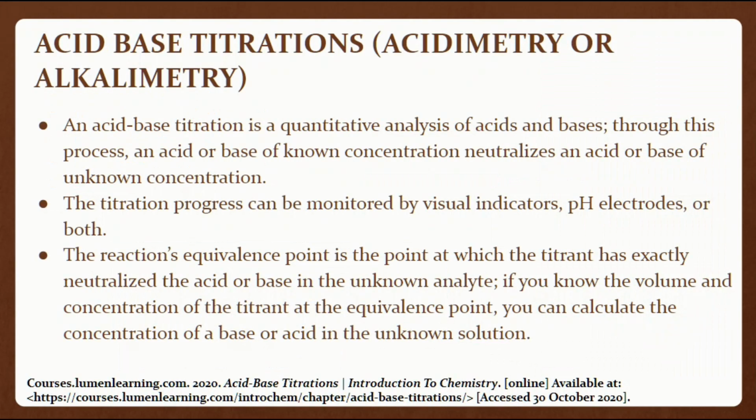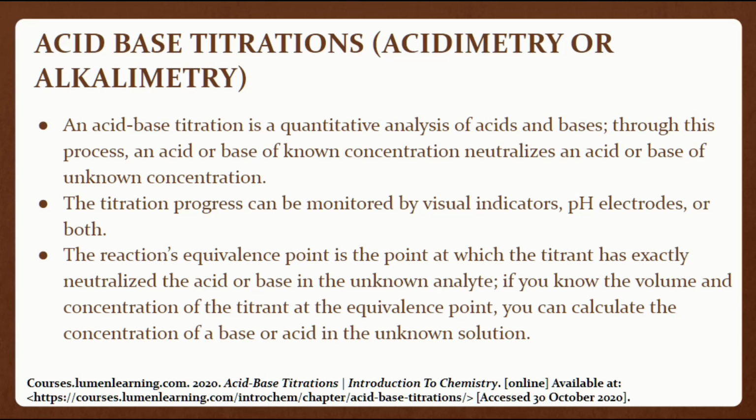Acid-base titrations, acidimetry or alkalimetry. An acid-base titration is a quantitative analysis of acids and bases. Through this process, an acid or base of known concentration neutralizes an acid or base of unknown concentration. The titration progress can be monitored by visual indicators, pH electrodes, or both.